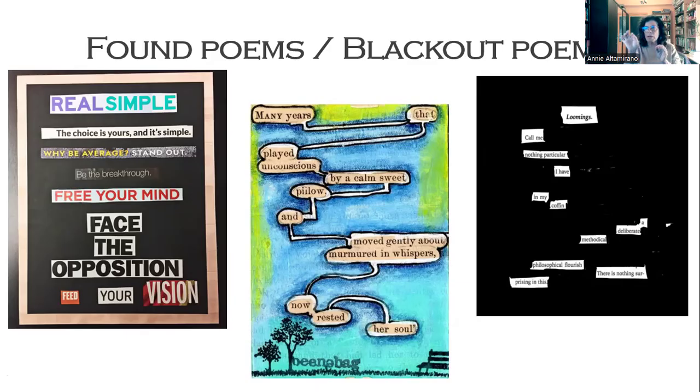They mark out the words, yes, leaving behind the words that form an unexpected poem. For example, here you have, suppose, call me, nothing particular, I have, and then they paint in black all the rest. Another way of doing this is outlining the words you see here and making it like a labyrinth, and then creating a picture that goes with the poem.